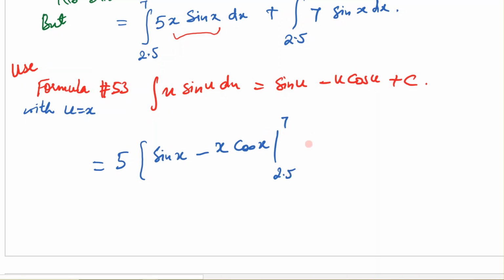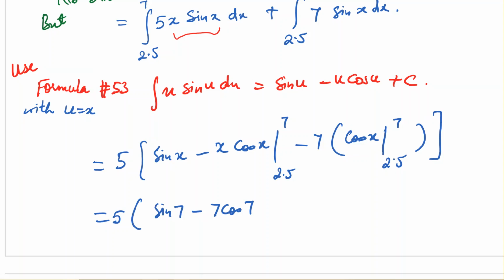and the integration limits are from 2.5 to 7, plus 7 times the integral of sine, which is negative cosine. So I'm just going to put negative here, so cosine x from 2.5 to 7. And let's just put the upper limit minus lower limit.